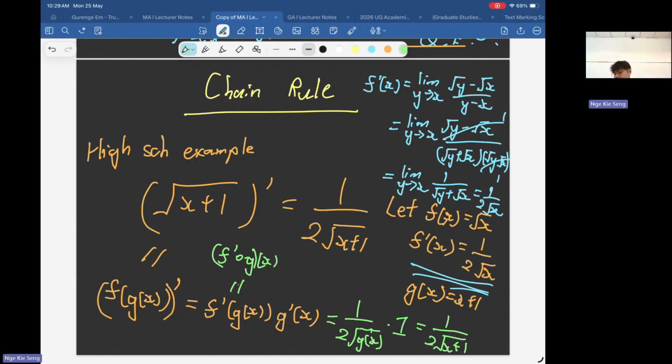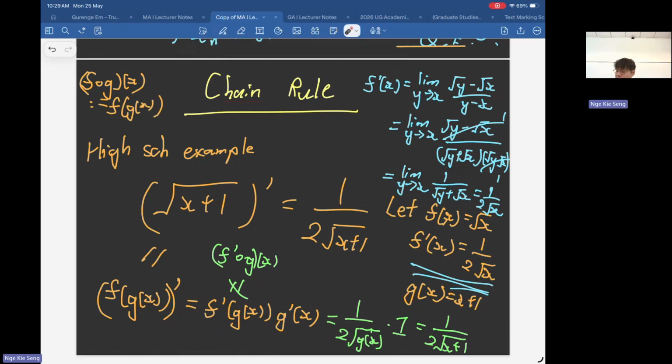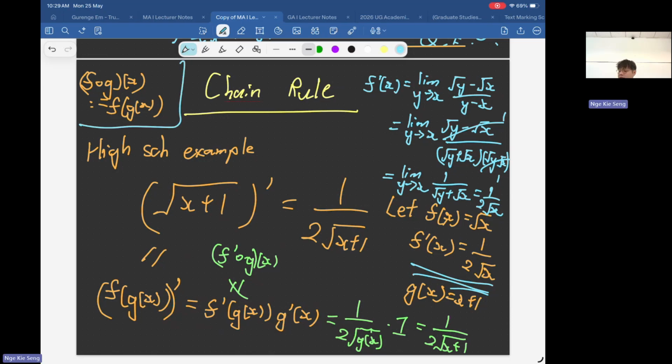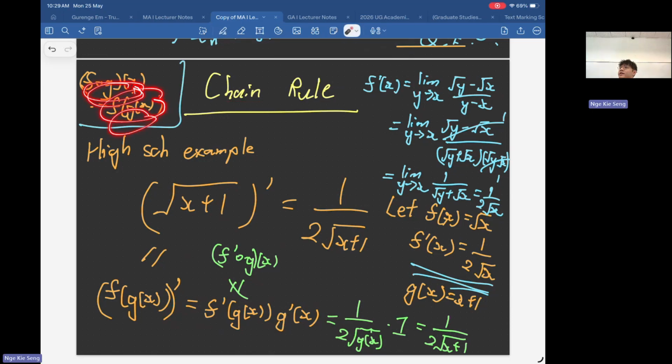This is not meant by this notation, but we define f compose g of x to be f(g(x)). This is what we meant by order. The right-hand side is not the left-hand side, but the left-hand side is the right-hand side.